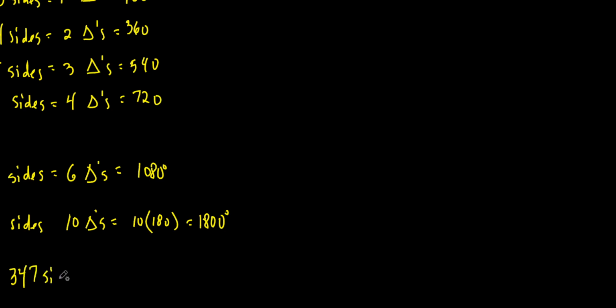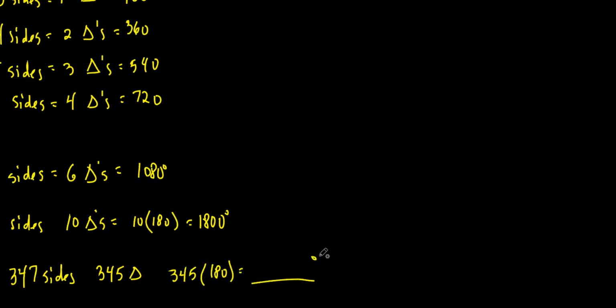Okay. What if I had, I'm going to be silly, 347 sides? It's kind of weird. How many triangles am I going to get out of that? 345 triangles. So how do I find it? I don't know what that is off the top of my head. It's going to be some big number. 345 times 180, whatever that is.